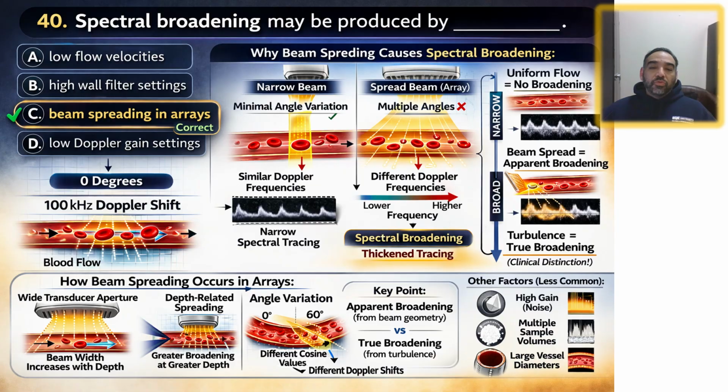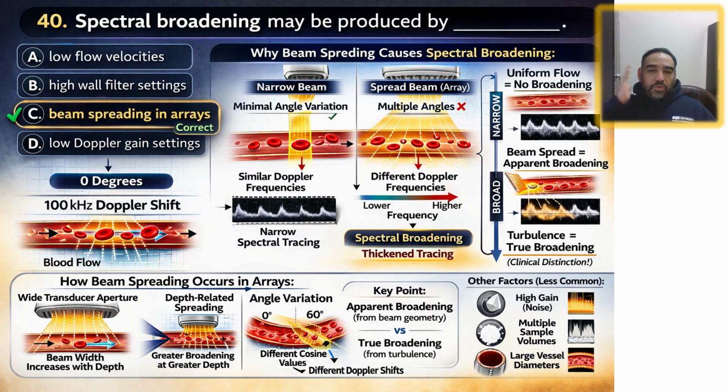So different angles equals different cosine values. Different cosine values equal different Doppler shifts. So even if actual flow is uniform, the machine detects a range of frequencies, and that artificial widening equals spectral broadening. And this is called intrinsic spectral broadening because it's caused by beam geometry, not by turbulence.